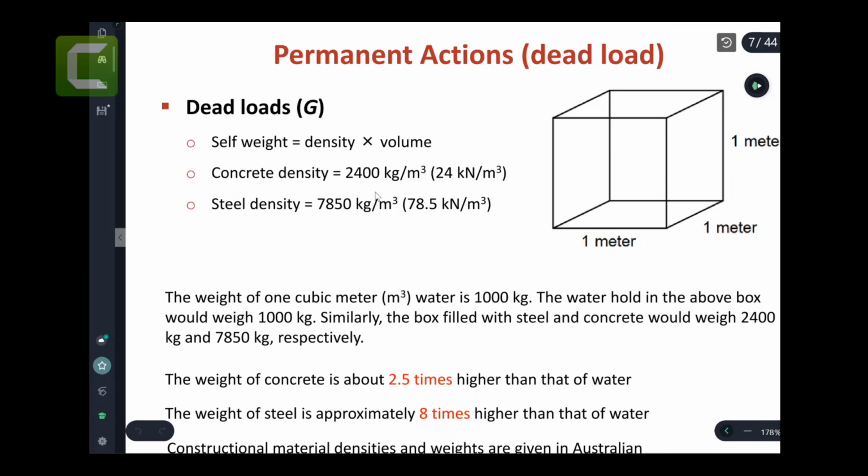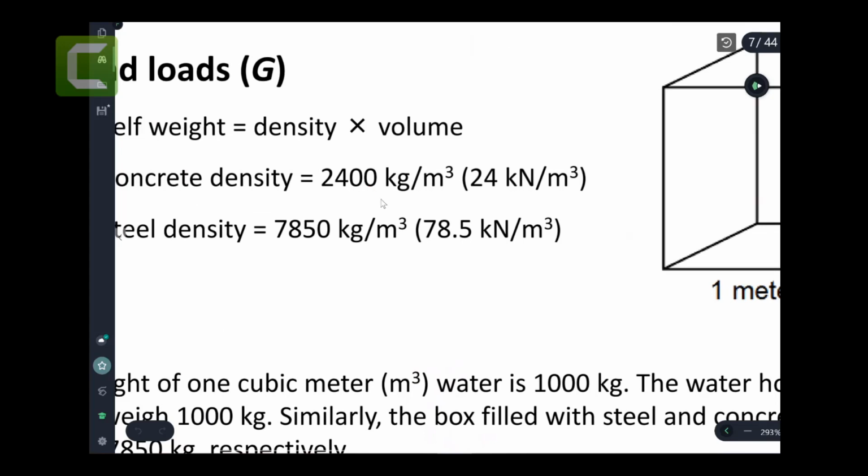So it's basically 2,400. And in design we usually use the unit kilonewton as loading on the frame, so you just divide it by 100. And we talked about this last week: 1 kilonewton is about 100 kilograms.